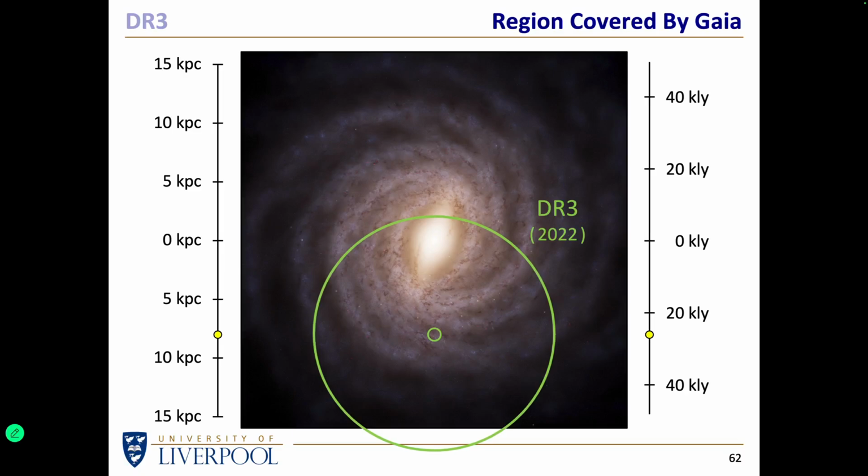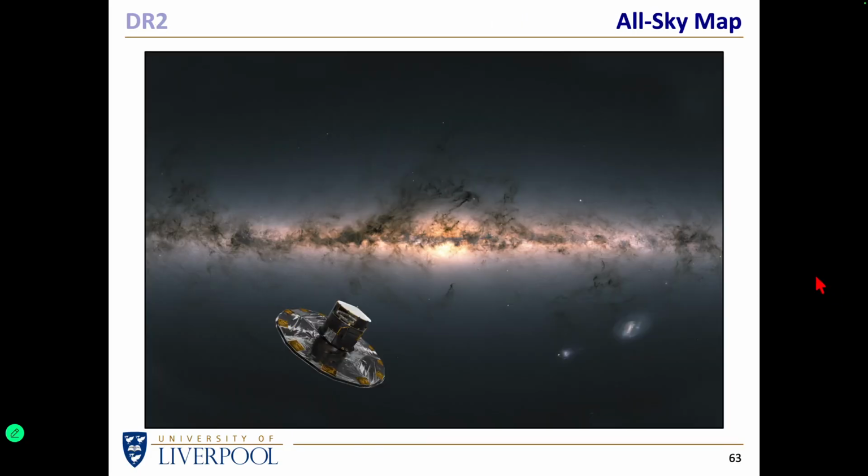In 2022, we have enough data that we can get an idea of stars' positions and motions out to that sort of distance. Still struggling to get real detail of what's going on in this really crowded region in the centre, but it's hoped that data release 4 and 5 will give us more information about what's going on in there. You might have seen this all-sky map before, but remember, this is not an image taken by Gaia.